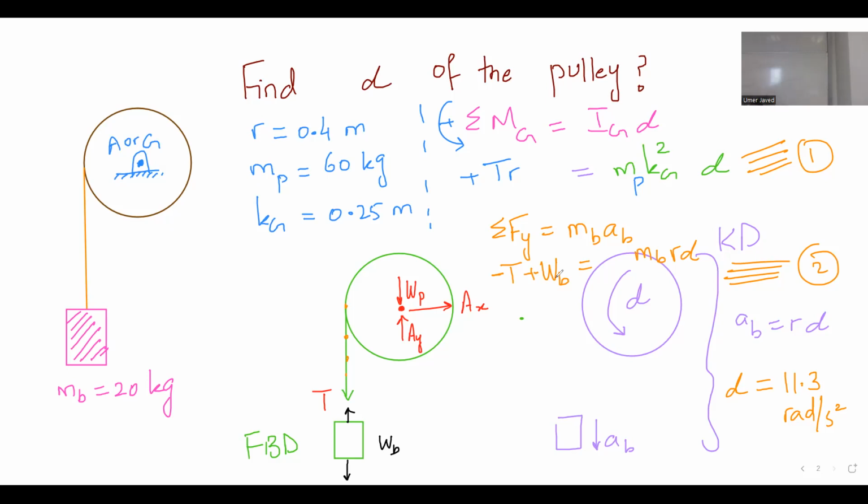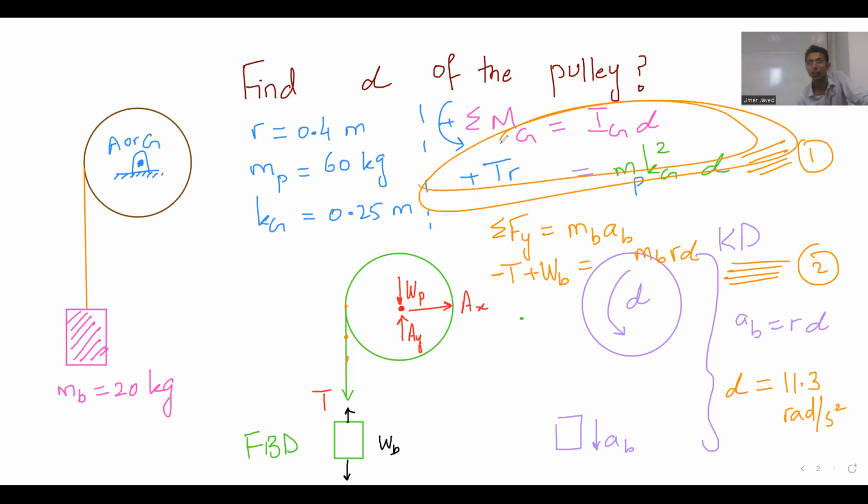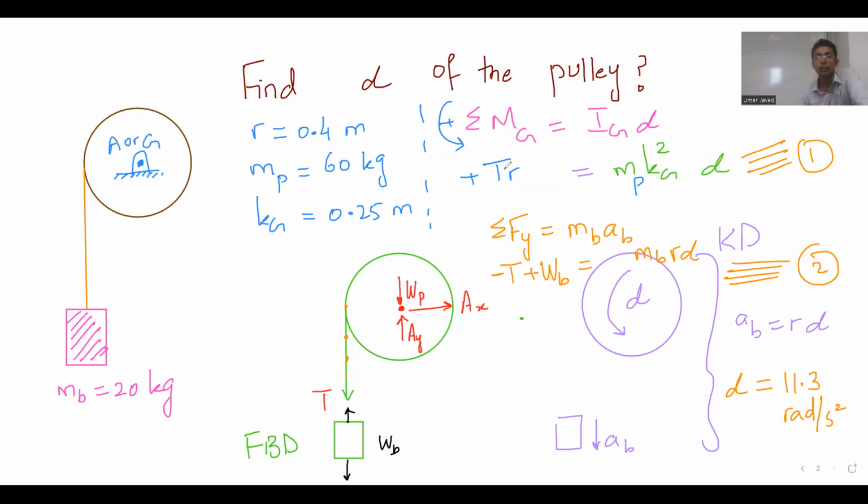Can I solve, in the equation, what is T? Tension. It's equal to weight of B, minus T plus W_B equal to M R alpha. I wrote here. You mean I'm talking about here? Yeah, no, it's the same thing. This T and this T are the same T's.